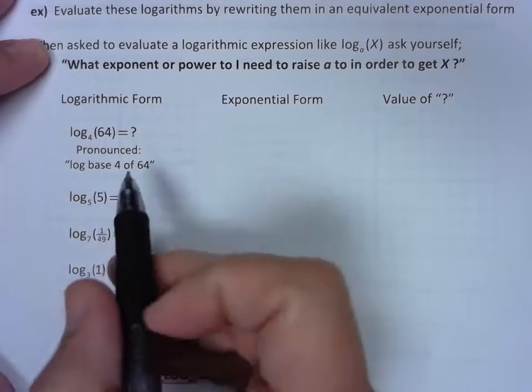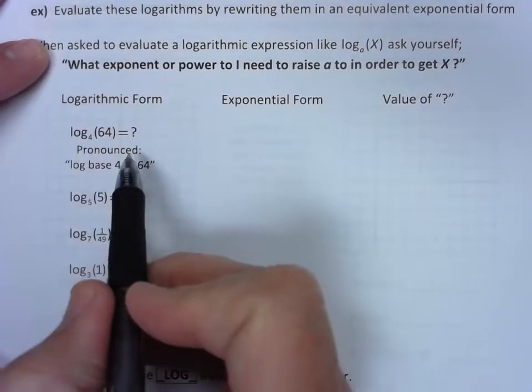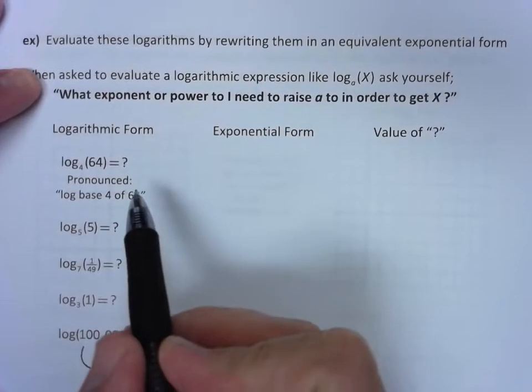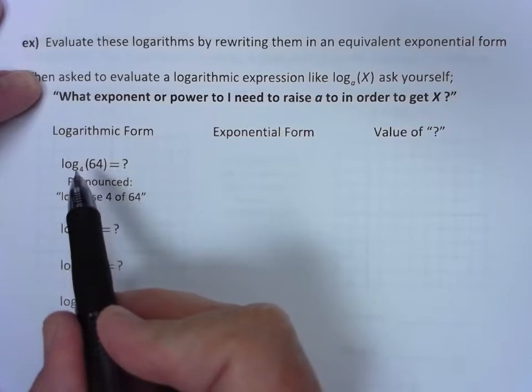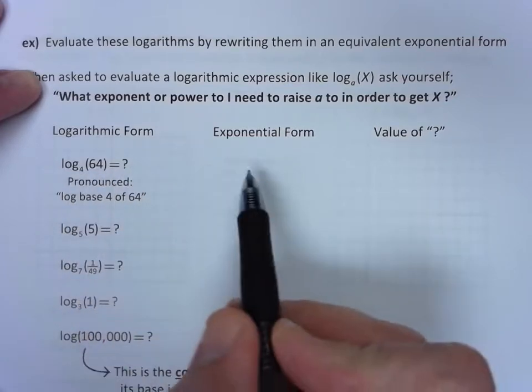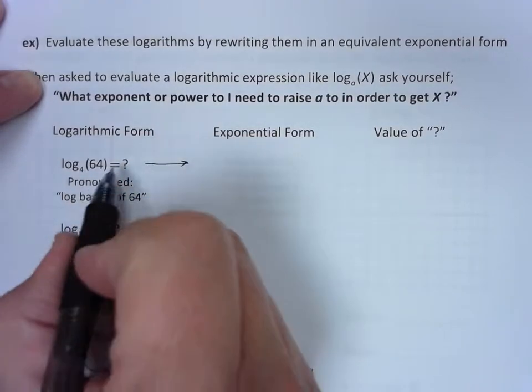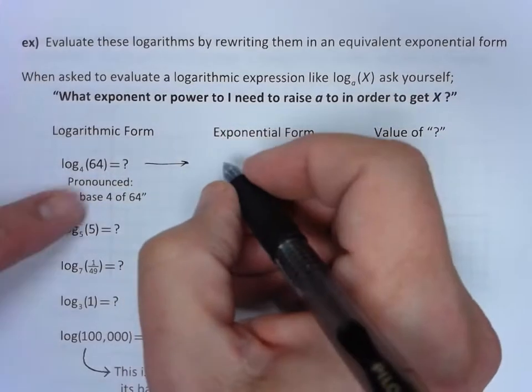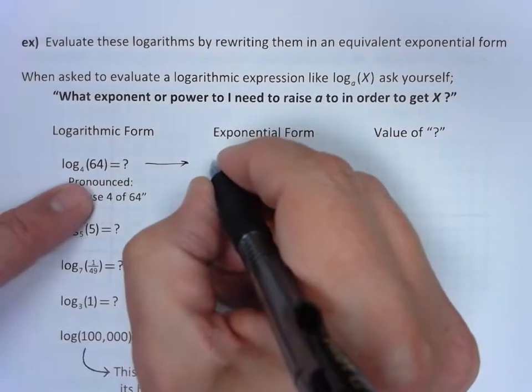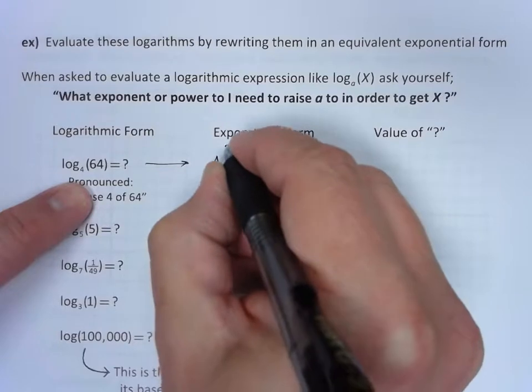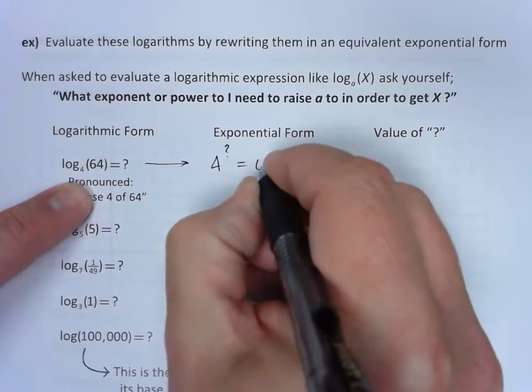So let's go back and evaluate some of these logarithms by remembering that little spiral trick. I've got all these set equal to a question mark. If I write this log statement in exponential form, including the question mark, to evaluate this you say 4 raised to what power equals 64.